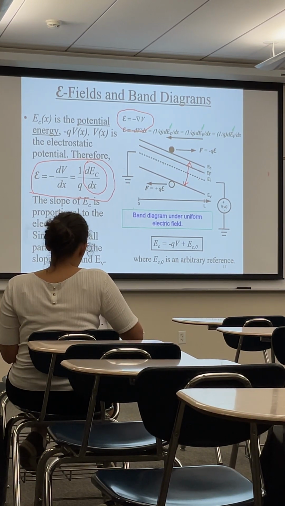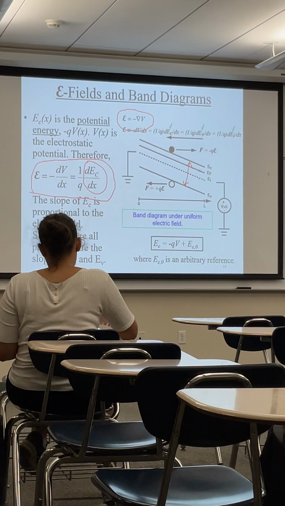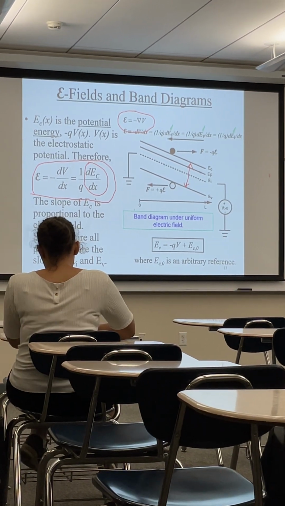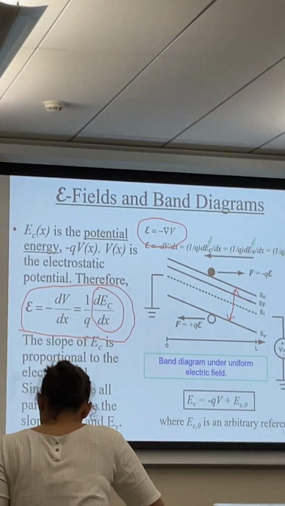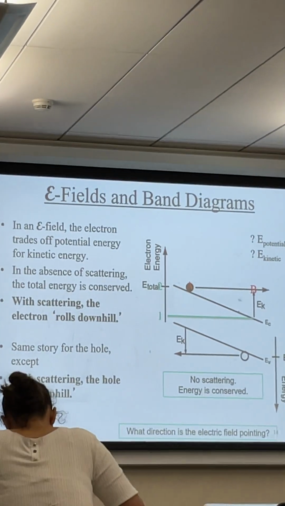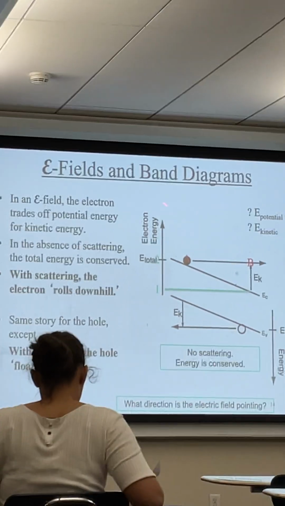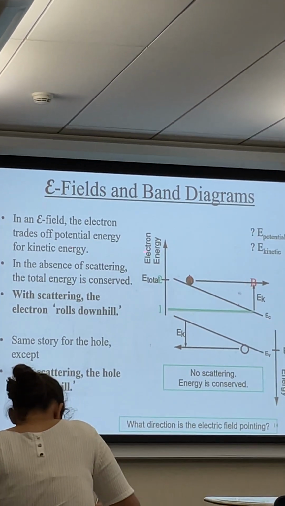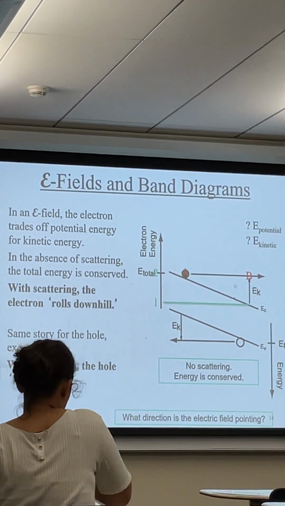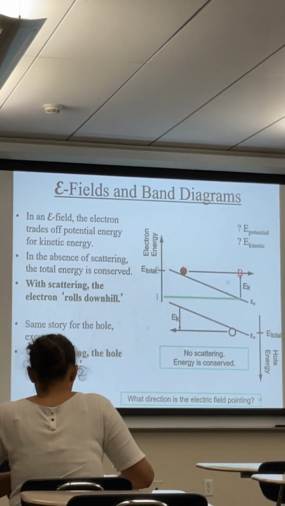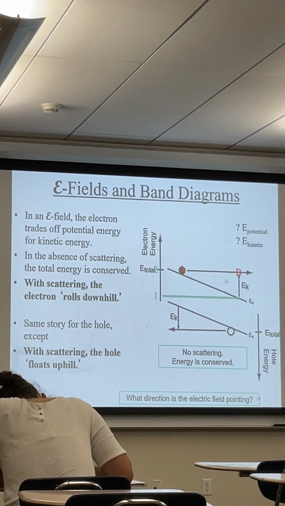Okay, so this is electric field, and how does the electric field affect the band diagram? Based on that, we can also determine the energy for either electrons or holes.